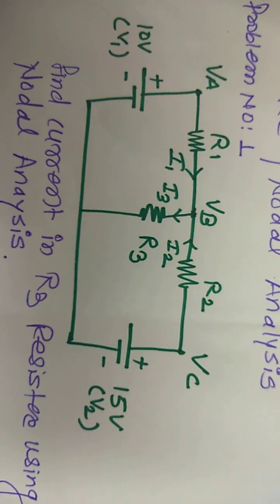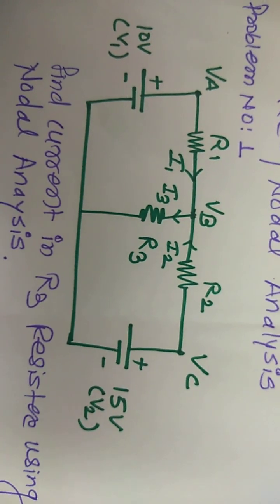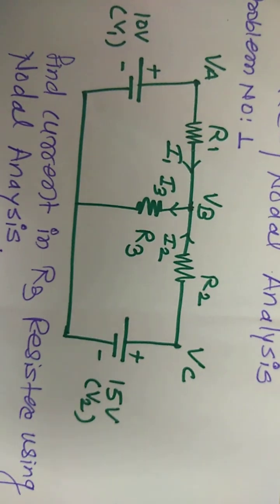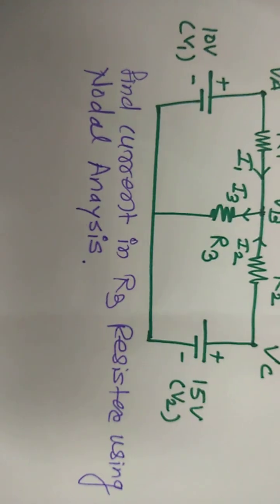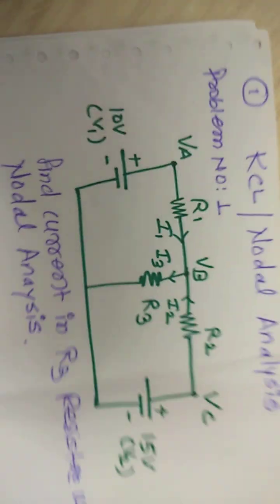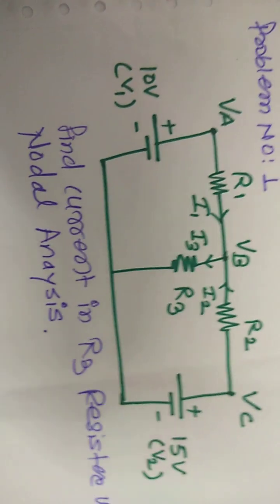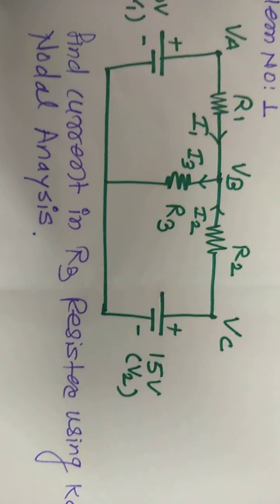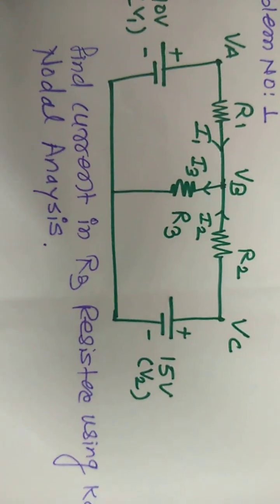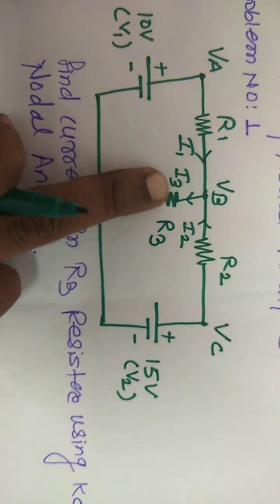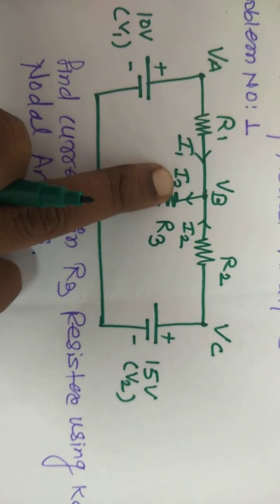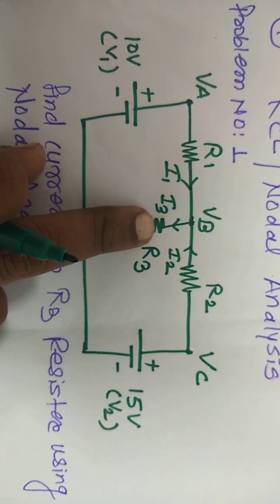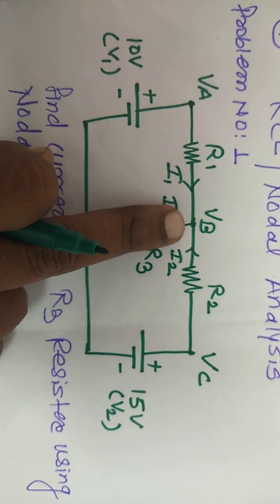Nodal analysis is a principle that uses Kirchhoff current law for finding a specific branch current. Okay, so before solving this we must start with a node. Because we are going to find out the current flowing through resistor R3, that is the current I3, and this current I3 is an outgoing current, so we are going to take the node VB.